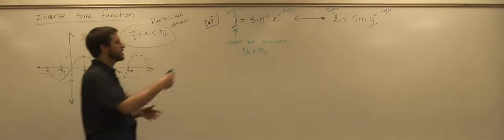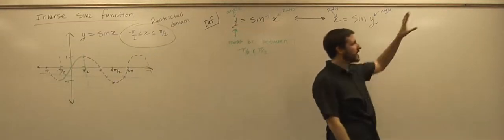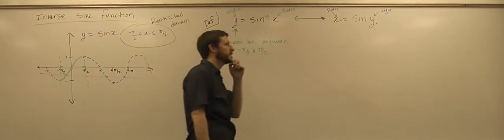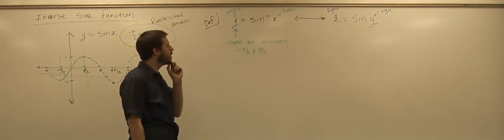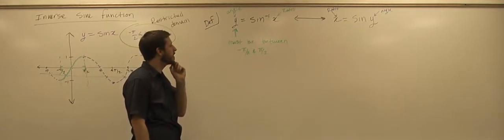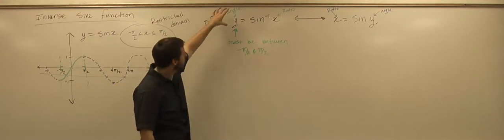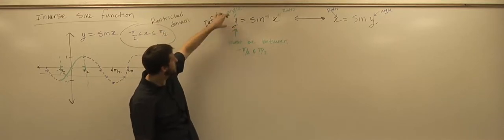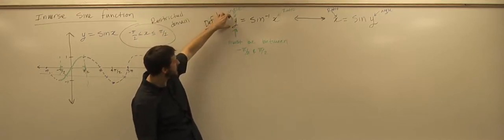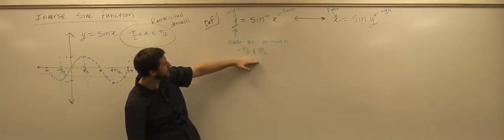So I put this in the remark up there. It says the input of sine inverse must be on the interval negative 1 to 1, and the output must be between negative pi over 2 and pi over 2. So I'm repeating what I said, that this angle has to be between negative pi over 2 and pi over 2.